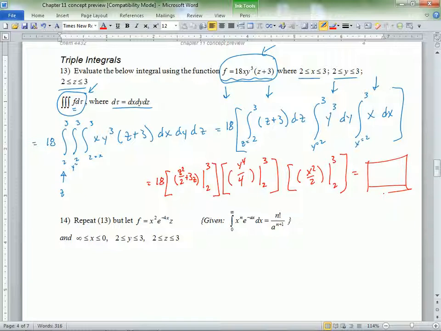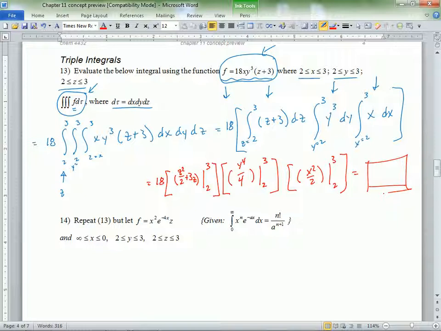So then you would just end up substituting in with the 18 out front, and then you'd have your brackets. Put in the 3, get a number, minus, put in the 2, get a number, and do that for all 3 of those. And end up multiplying them all together.